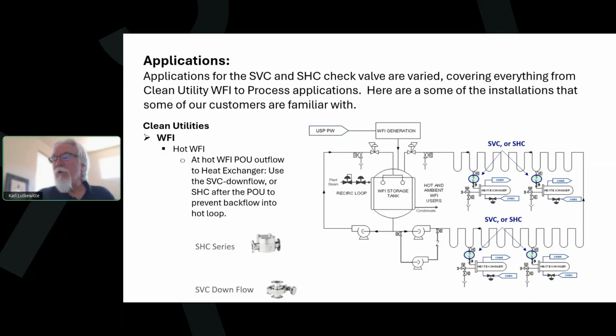And so they put check valves here for risk minimization. So even if it's a 1 in 20,000 event possibility, you never want that water that's left the loop to go back into the loop, for contamination worries. And that's why they're doing this. On this application, again, the SVC downflow you could use, or the SHC could be used as well.